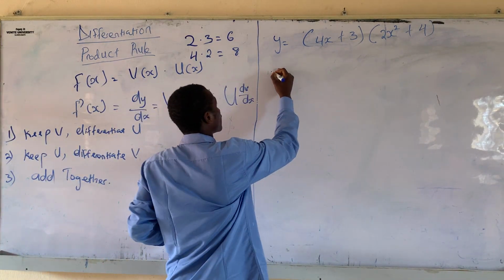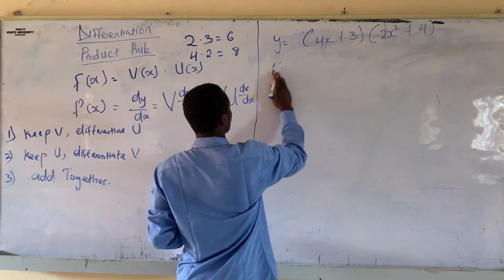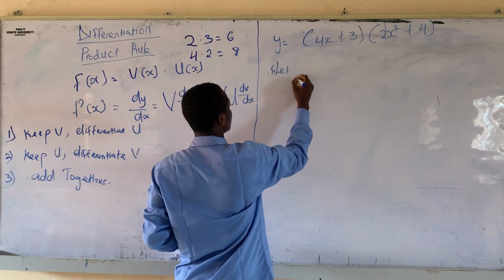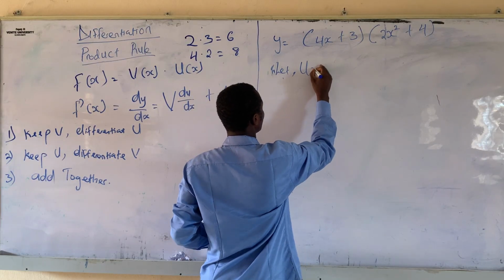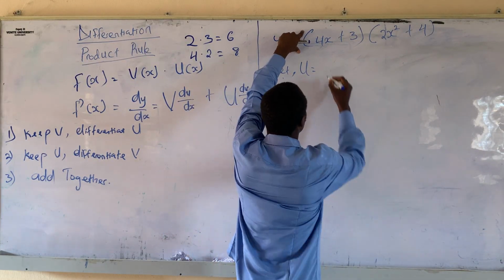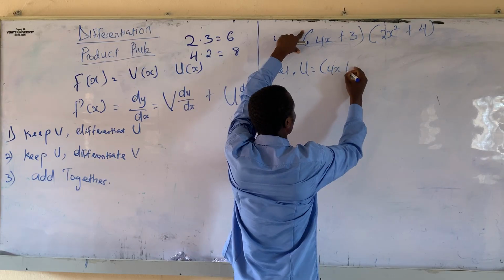Let u be equal to the bracket 4x plus 3.